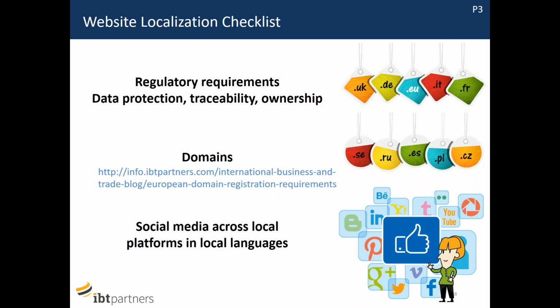Domain names are very important. We basically say, use local domains to protect your online brand. Once you've got a local domain, you can then have country-specific marketing, and you can track any visitor access so that you can really use your website to nurture leads and target who's actually coming to see your website.